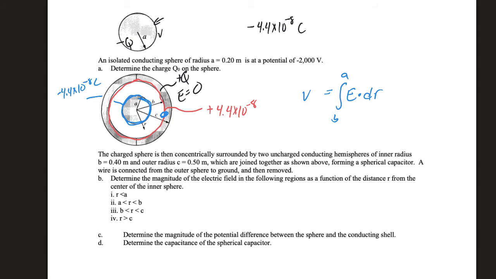So when we go to do this, we don't actually have much work we have to do, but we do have to use the expression for the electric field, which is KQ over R squared. And again, we're going to evaluate this from B to A to produce what the electric potential is.